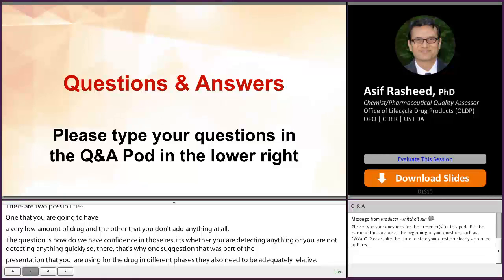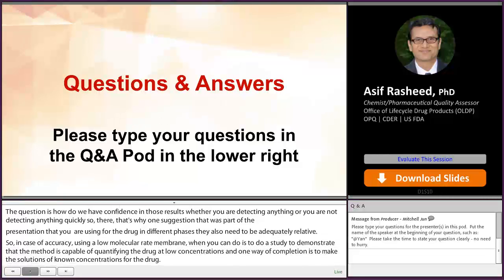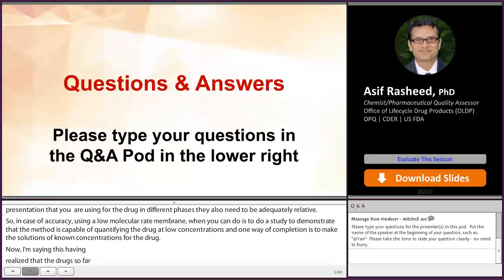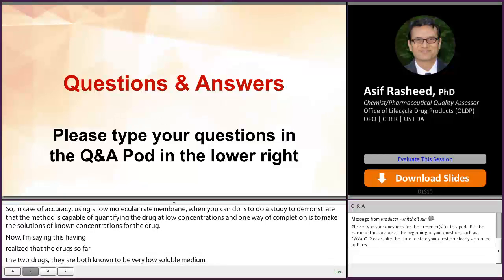One way of accomplishing this is to make aqueous solutions of known concentrations of the drug. I'm saying this having realized that the drugs for ophthalmic emulsions, so far the two drugs, difluprednate and cyclosporine, are both known to be very poorly soluble in aqueous medium. However, the solubility is known, it is in the literature, so you can create aqueous solutions of known concentration, assay them, and use those solutions to establish the LOD and LOQ of your method.